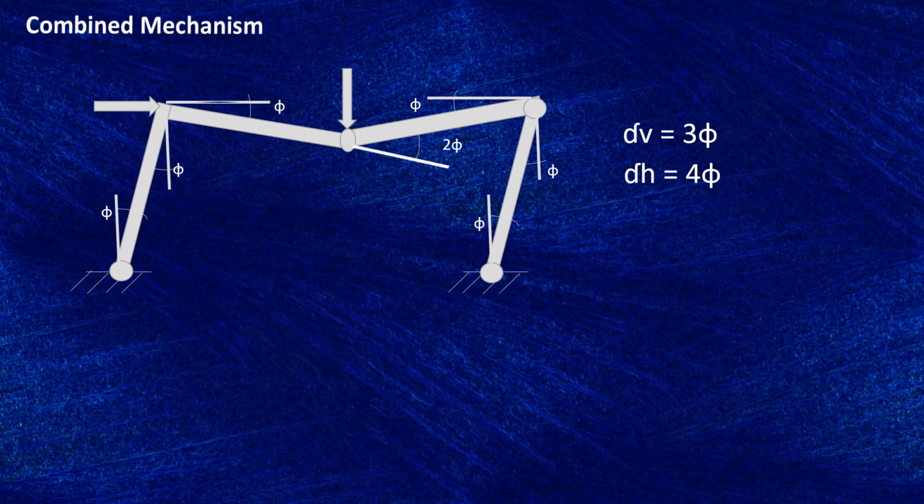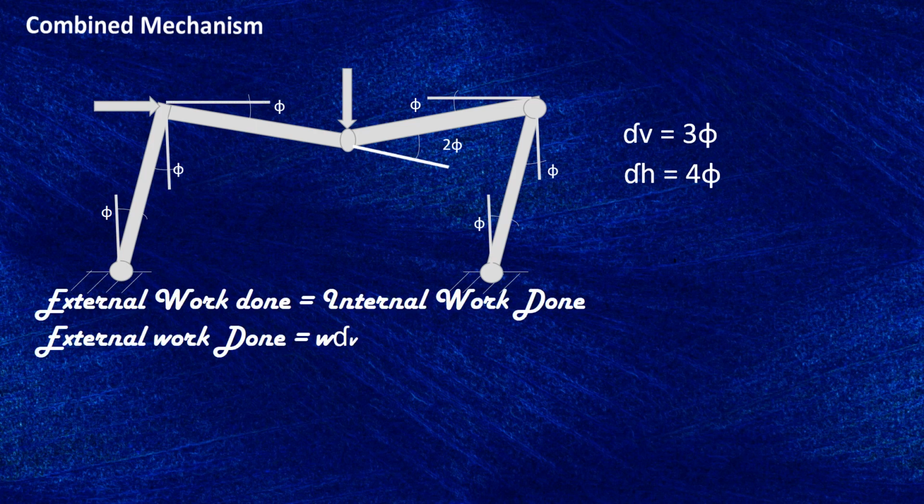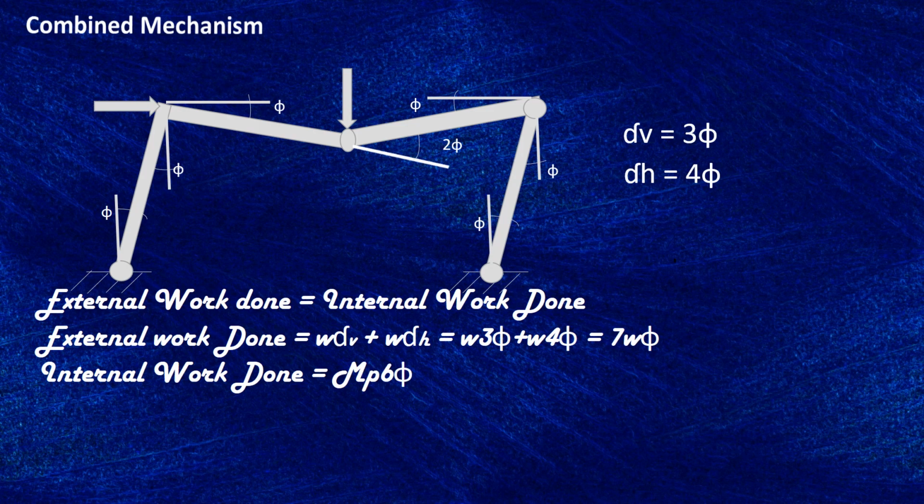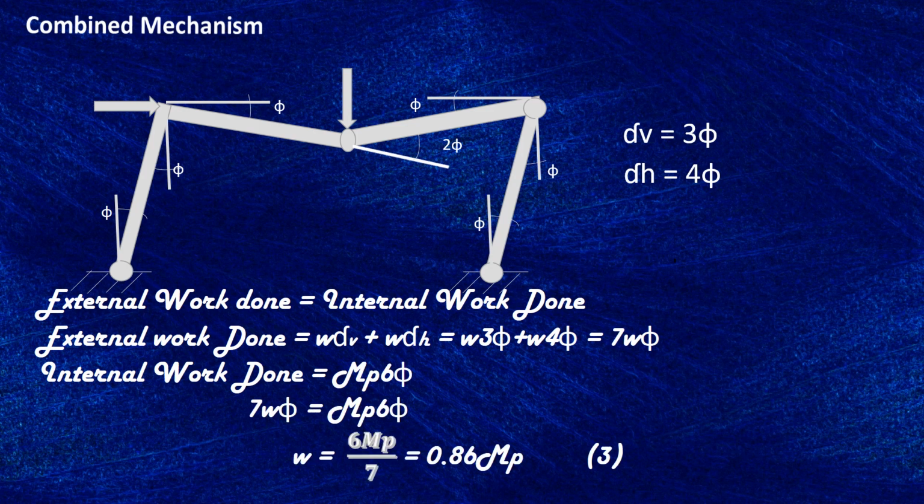Here, when we consider the combined case, the external work done by the 2 loads equals the internal work done by the 4 hinges, which has 6 theta rotations. We get W, which is the minimum load, 0.86 MP.